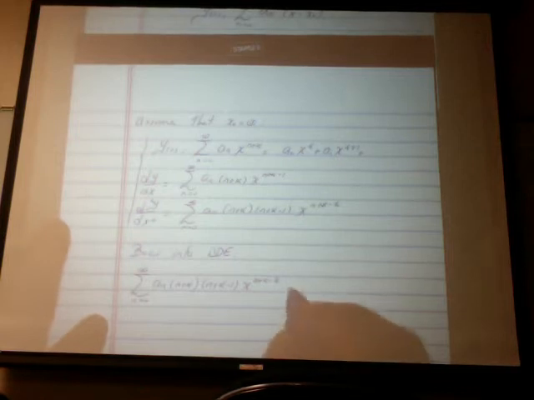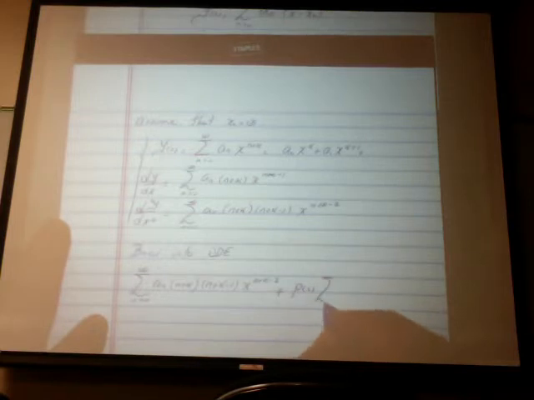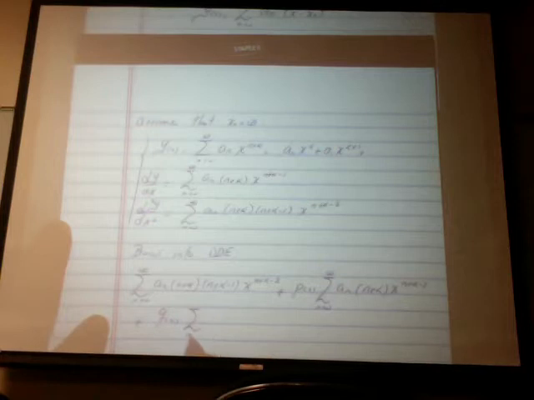So this is the second derivative plus p of x times the first derivative, which is the summation from n equals 0 to infinity of an times n plus k times x to the n plus k minus 1, plus q of x times y, an x to the n plus k, is equal to 0.